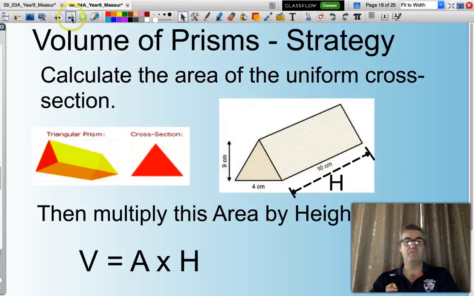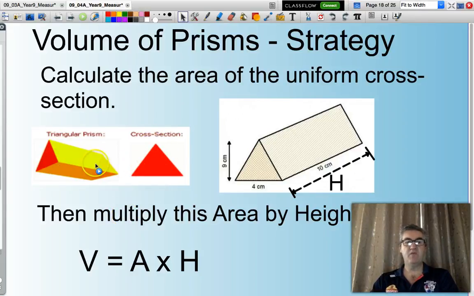Now, what is the strategy for calculating the volume of a prism? What I need to do, look at my prism. Look for where there is a consistent cross-section area. Then I need to multiply this area, in other words, that cross-section, see the red one there?